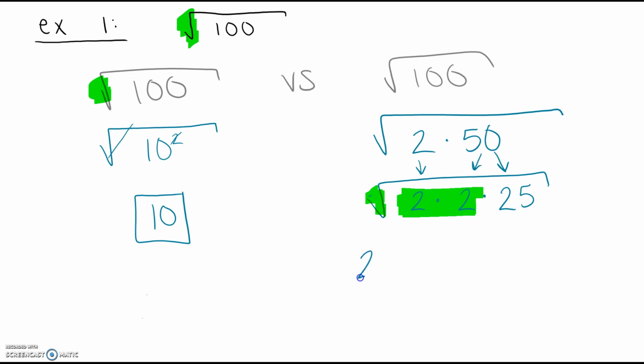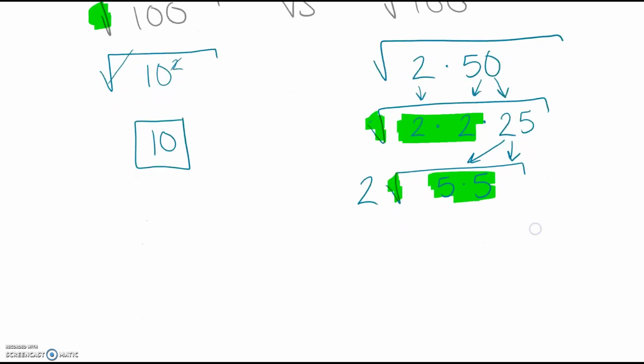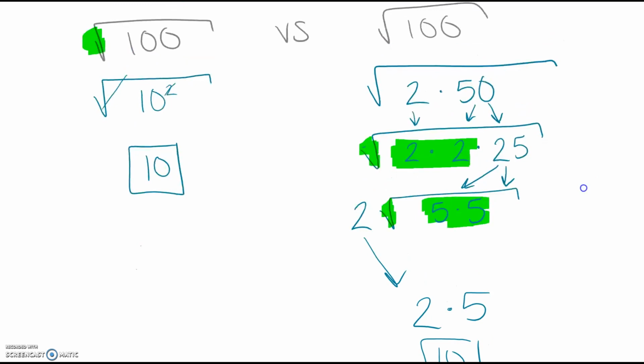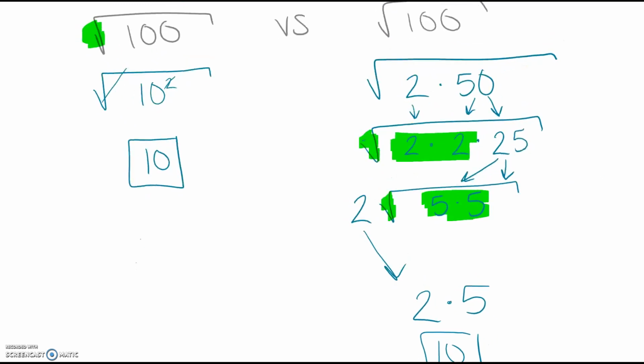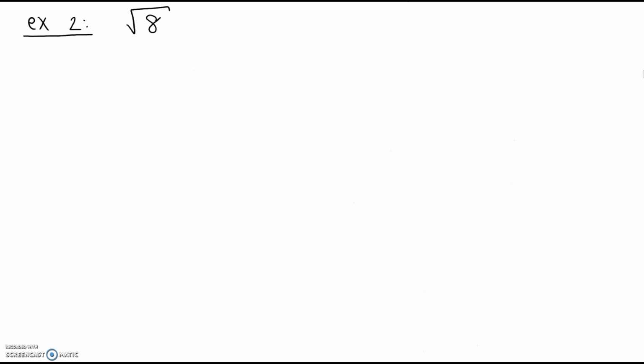So I can take out a 2, and then I'm left with 25. And 5 times 5 is 25. My index is 2. Since I've got 2 things being multiplied together, I'm left with 2 times 5, which is 10. So the alternative is a lot more work, but a lot of students like doing this because they don't make mistakes.